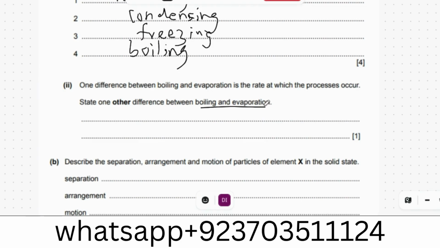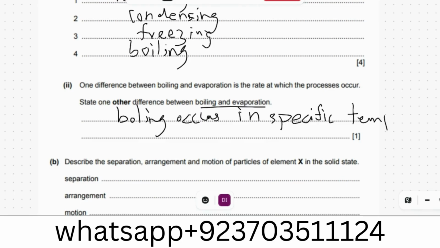Boiling always happens at a specific temperature. Sorry, my writing is not that good. Boiling occurs at a specific temperature whereas evaporation can happen over a range of temperatures.